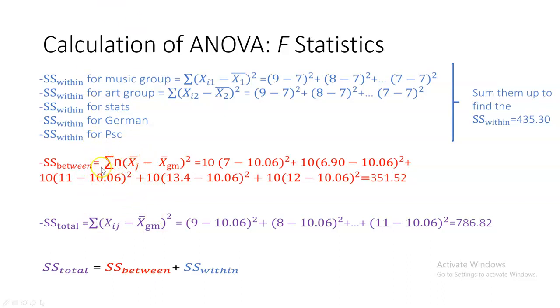In the previous slide, I put n outside of this sigma symbol, but that's totally wrong, and we want to put this n after this sigma. Which means that we take the squared value first for each group, then multiply by its sample size to give different weight, and then add them up, right? So again, I want to put n after this sigma.